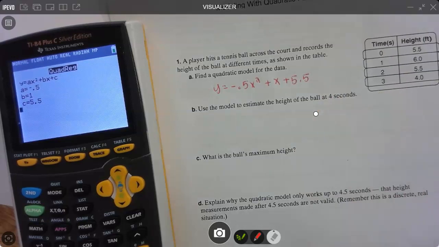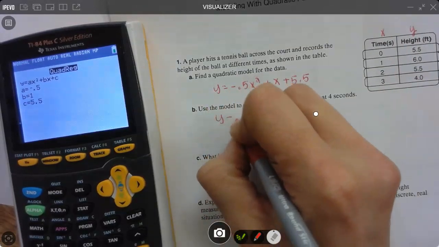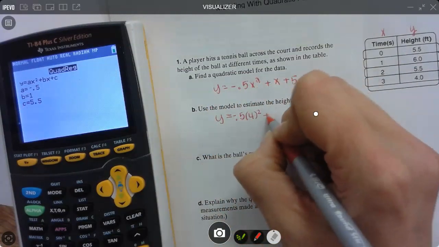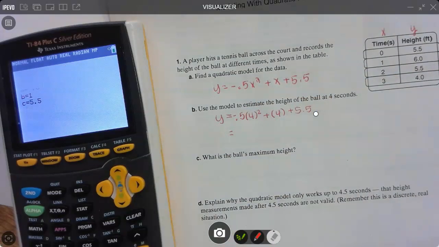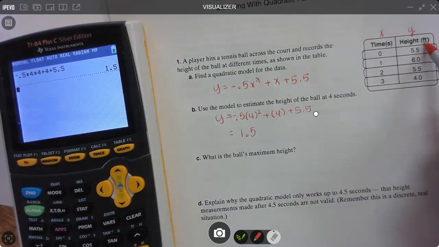So 4 is our time, our X, and our height was Y. So we're going to plug 4 into X. And we get 1.5, and again, that represents a height.